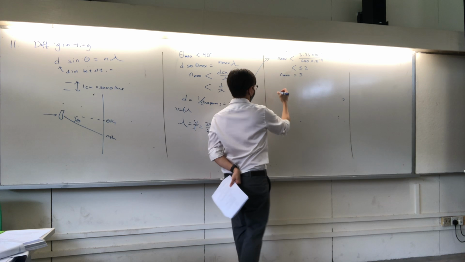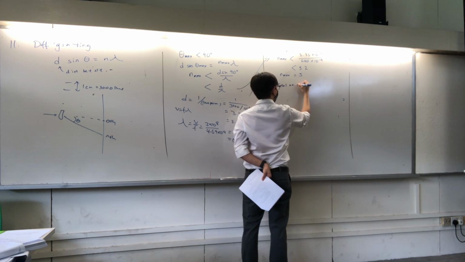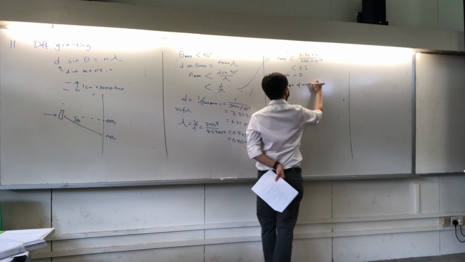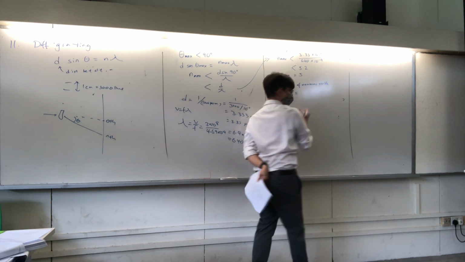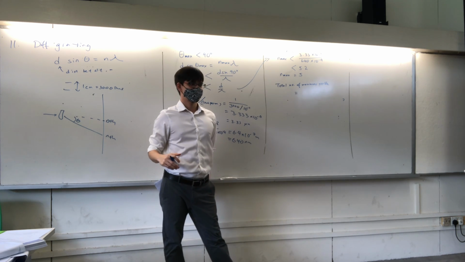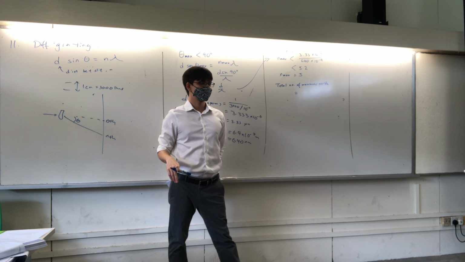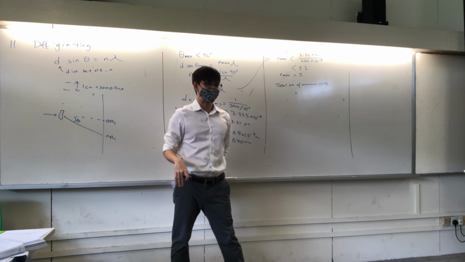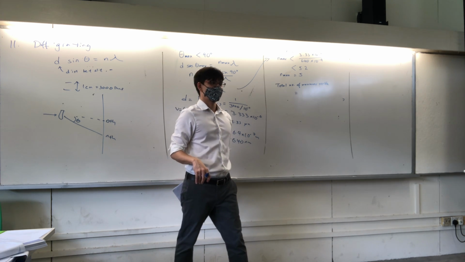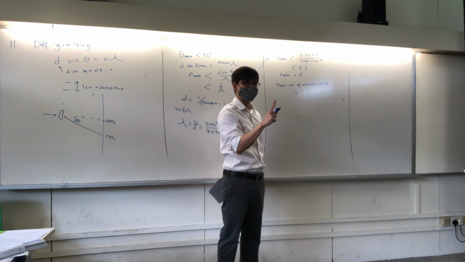So how many maximas, the total number of maximas? Did you know how to find the number of maximas? Is it 5 times 2? But this is 1, 2, 3, 4, 5, plus 1.